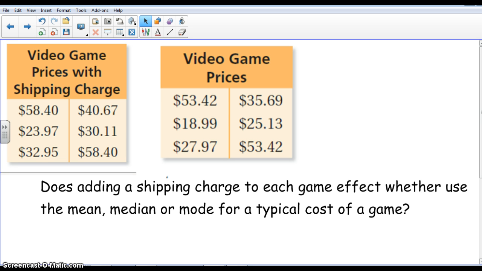And the answer then is that by increasing each video game price by $4.98 for shipping, the mean, median, and mode all increase by $4.98. So if you're comparing the two, you are coming up with $4.98 as a difference between the two. Very logical, because in one chart, $4.98 is the shipping charge, and it's added to each game.